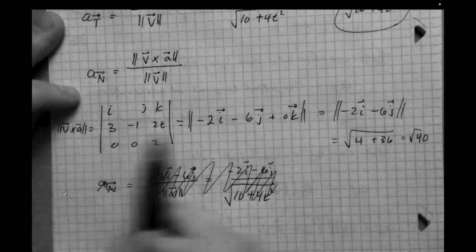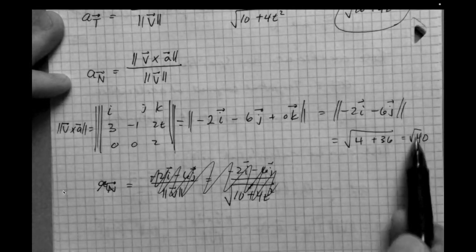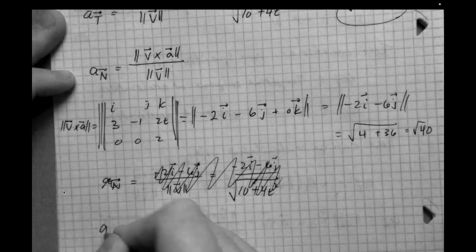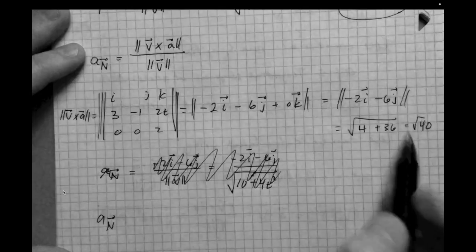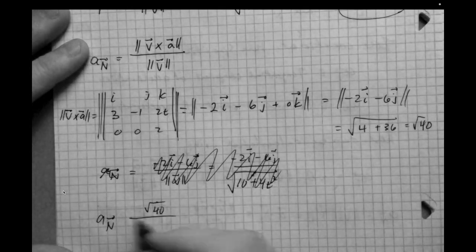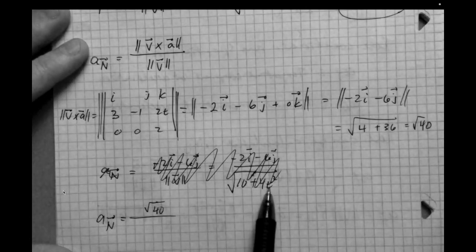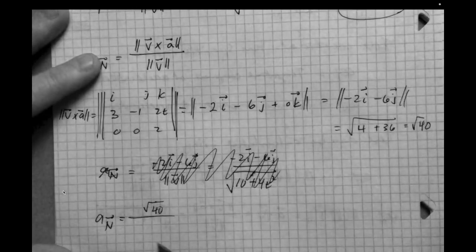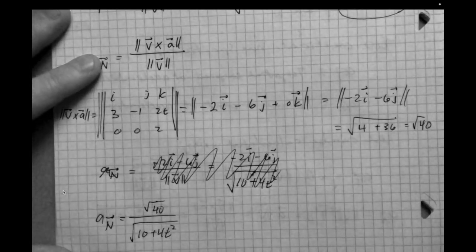We have to take the norm of this. The norm is the square root of 40. So the normal component of acceleration is going to be the square root of 40 divided by the square root of 10 + 4t^2. Okay, so it looks like that.